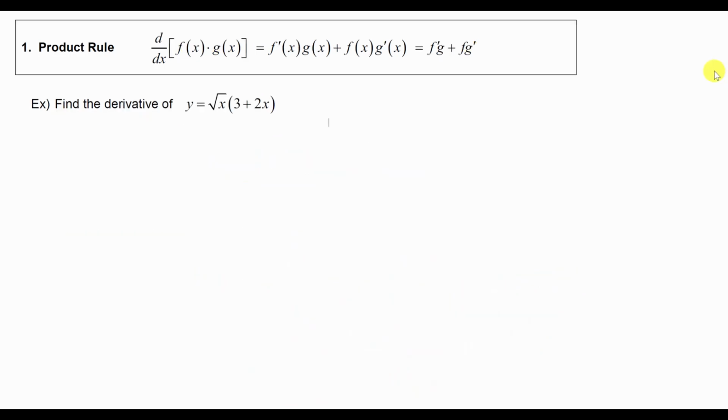Let's do one more. y equals square root of x times quantity 3 plus 2x. To take the derivative of this, it will be better if we rewrite square root of x as a rational exponent function. So let's go ahead and rewrite this as x to the 1/2 power times quantity 3 plus 2x. And again, it will be a good idea to label above each function f and g, so that when you take the derivative y prime, you will need f prime times g plus f times g prime.